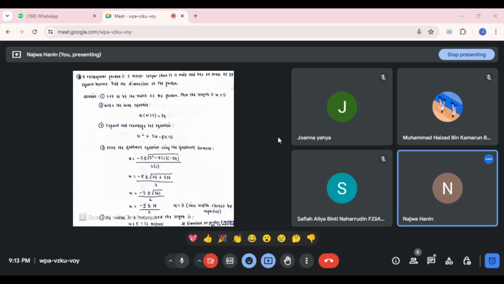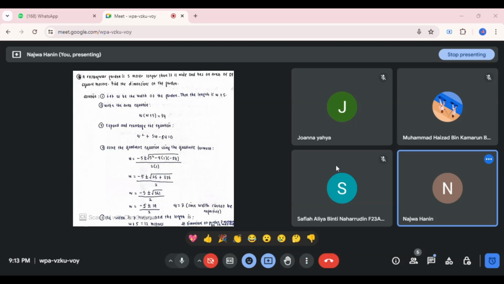Number 2, we write the area equation like this. We get 84. Number 3, expand and rearrange the equation. And we get 0.